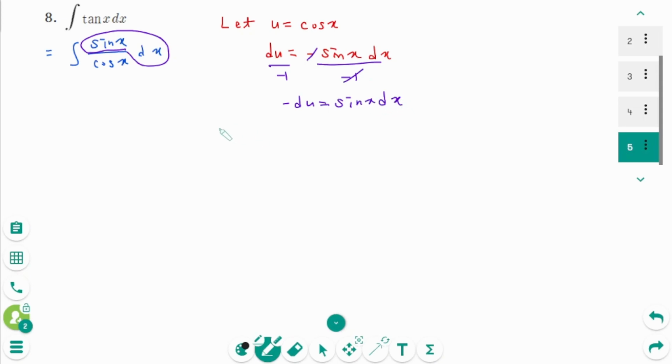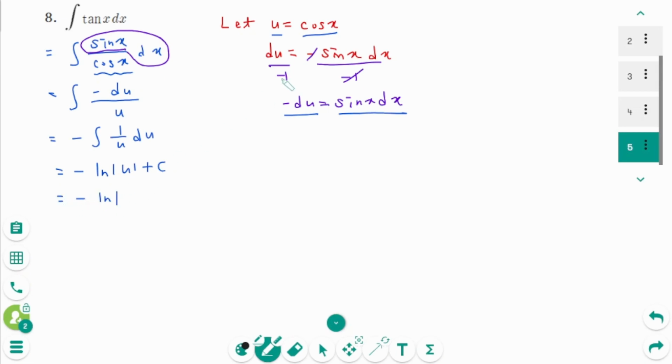Now change all x into u. The integral of sine x dx is minus du over cosine x, which is u. We can rewrite as minus the integral of 1 over u du, then minus ln absolute value of u plus c, which is minus ln absolute value of cosine x plus c.